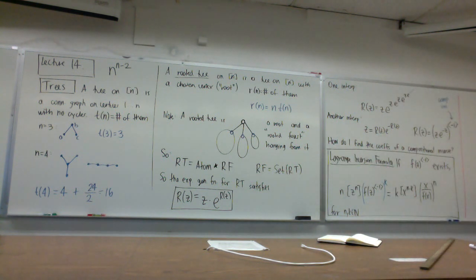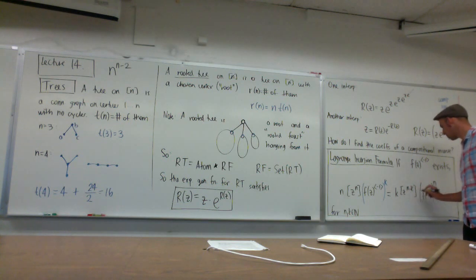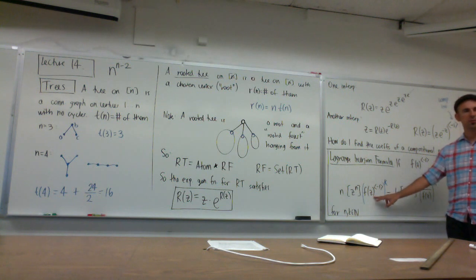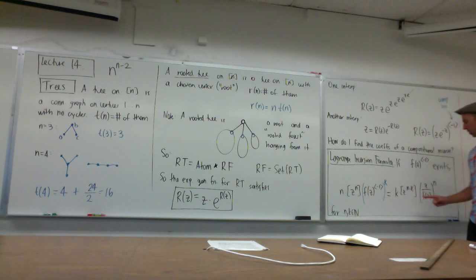It's really a beautiful formula. This formula says that if you want to compute the coefficients of a compositional inverse, you can do that if you know how to compute the coefficients of powers of z over f of z to the n.